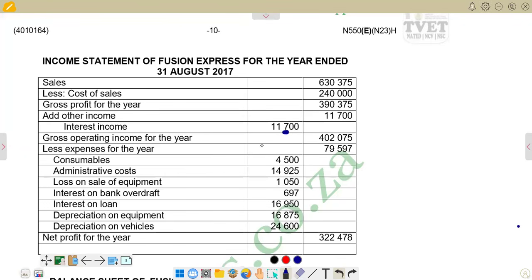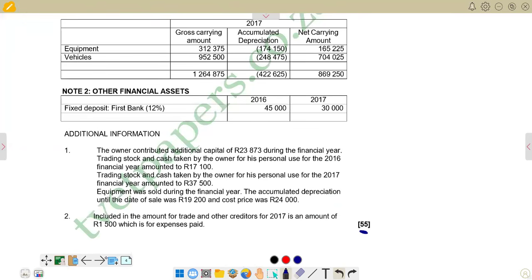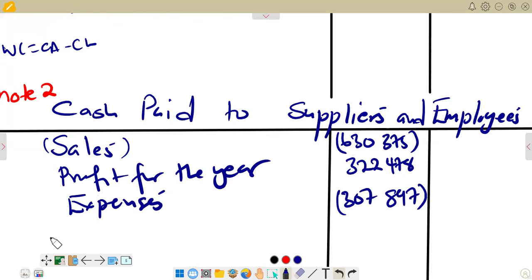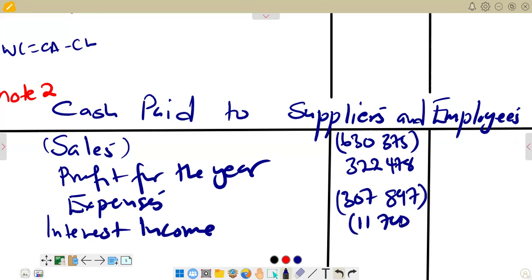We are going to put it as a negative since it's an income. We've got 11,700, so we show it as a negative.